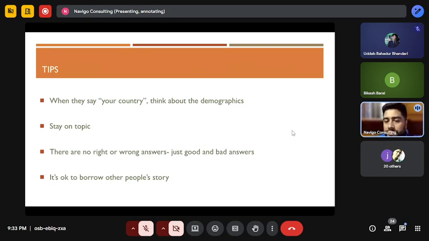So in the Tarai region, these foods are popular because of this, and in the hilly region, these foods are popular, and in a mountainous region, these foods are popular, right? So when you are thinking about demographics and giving your answer, you can extend your answers more, right? So you can talk for a longer period of time. You can give elaborated answers. Okay.